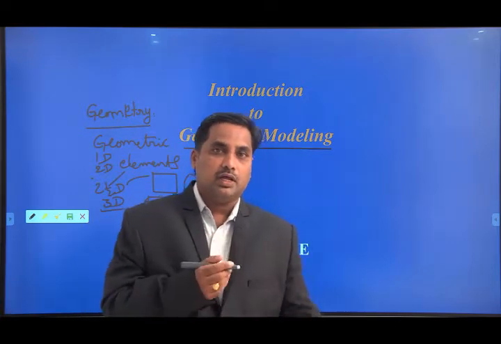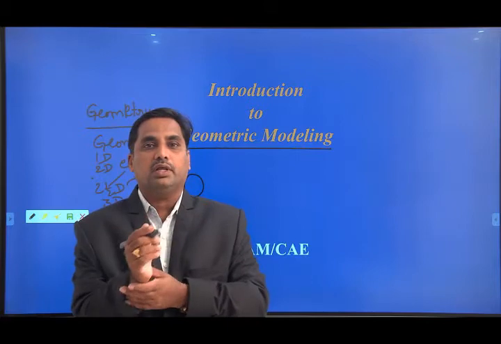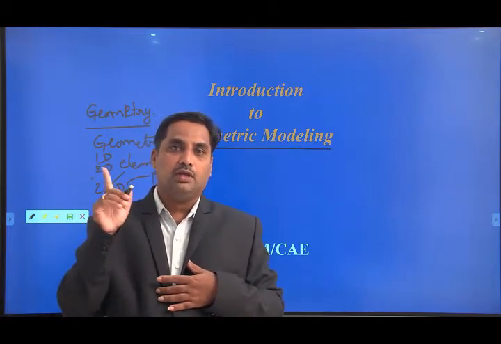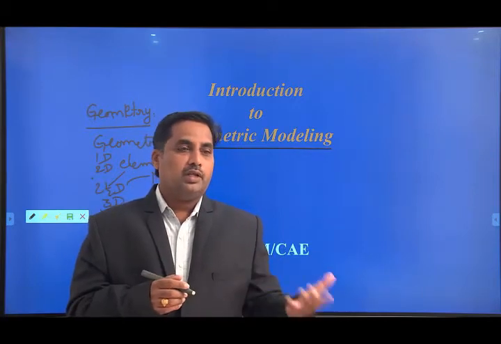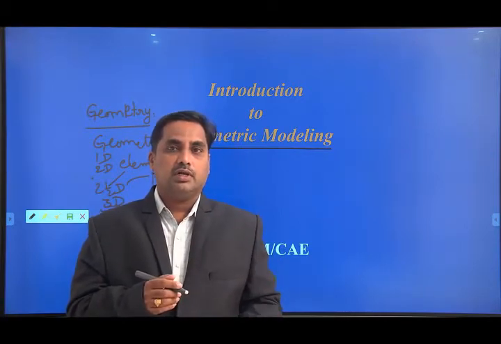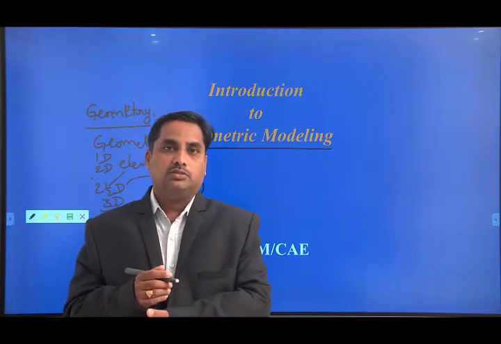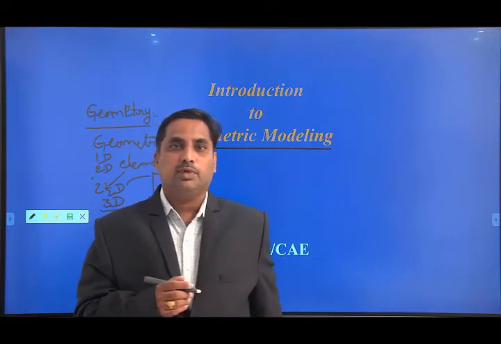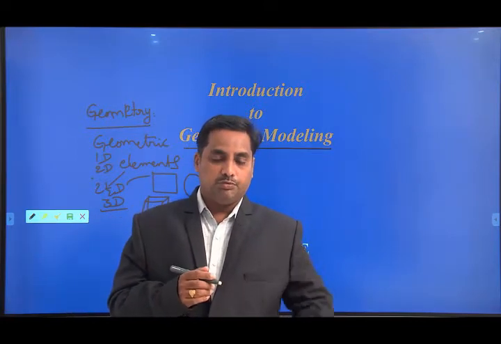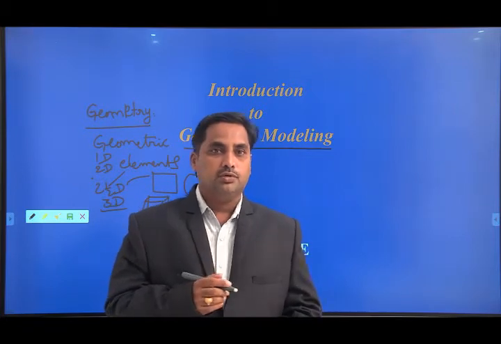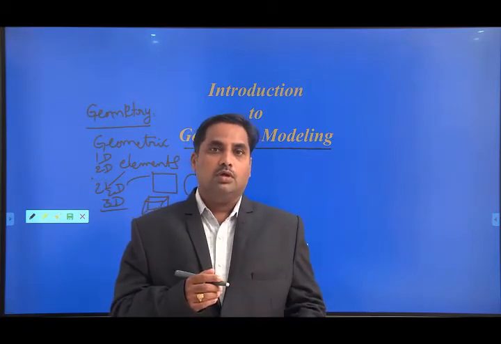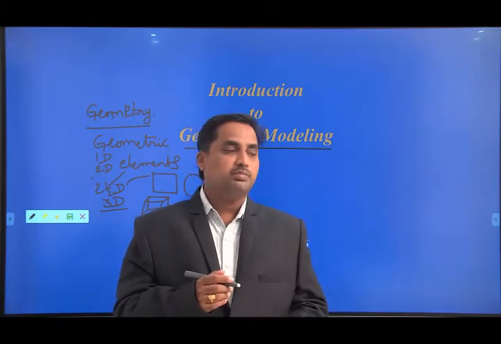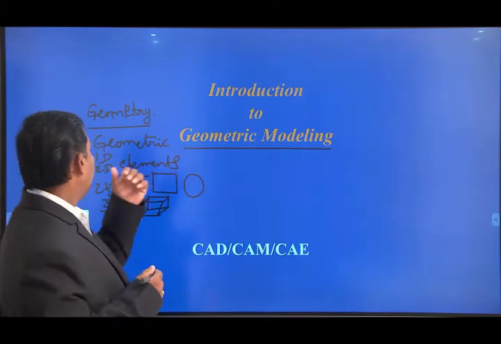Because we require 3D, 2D or 1D modeling of different objects, and they have to be assembled to get the final object, for mechanical components like piston, cylinder, crankshaft, connecting rod, and different brackets, and all the objects learned in the machine design subject. If you want to model them in the computer, we should know the background of how to model individual components and how to assemble them. That we have to learn in geometric modeling.